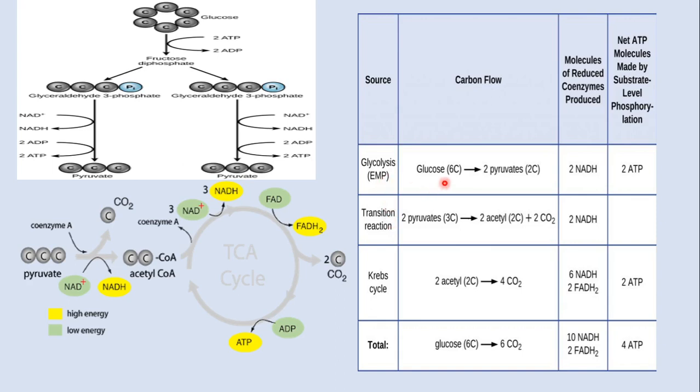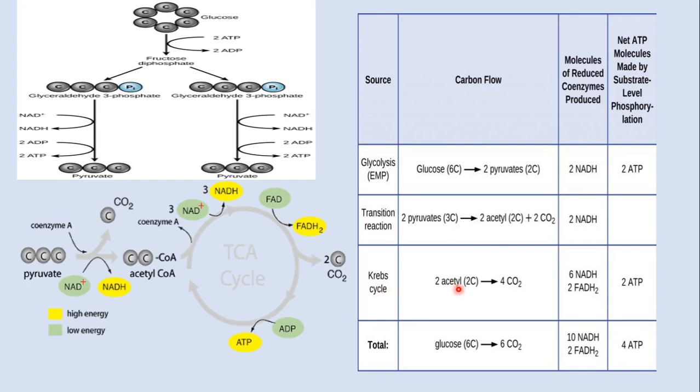During glycolysis, glucose forms 2 pyruvate, 3 carbon molecules. What is the yield? 2 NADH were released here, and 2 ATP. Then the transition reaction, that is the link step, 2 pyruvates get converted to acetyl coenzyme A plus 2 carbon dioxide molecules. 2 carbon dioxide yielded here, also 2 NADH.